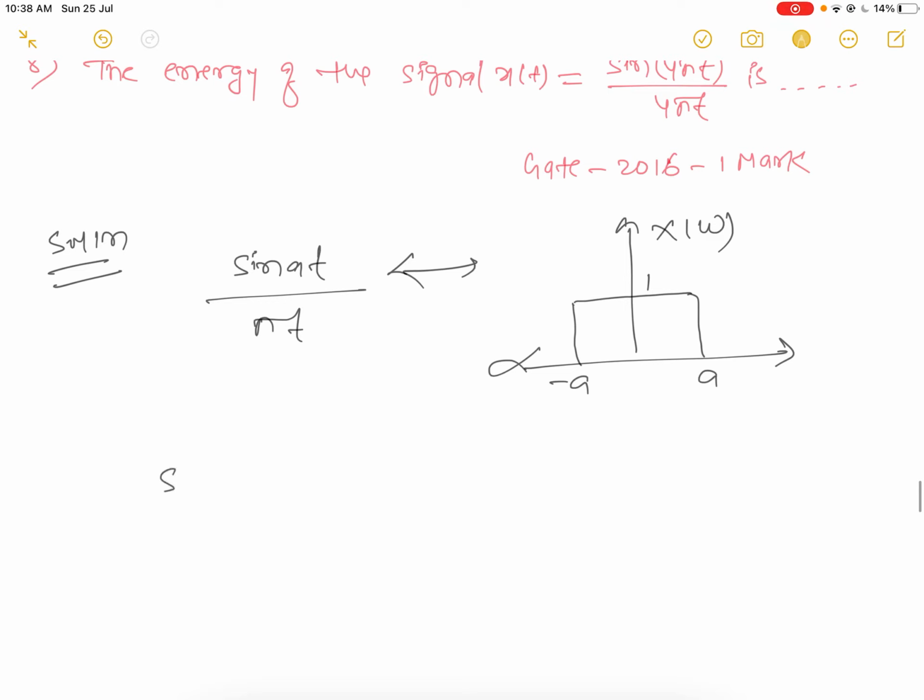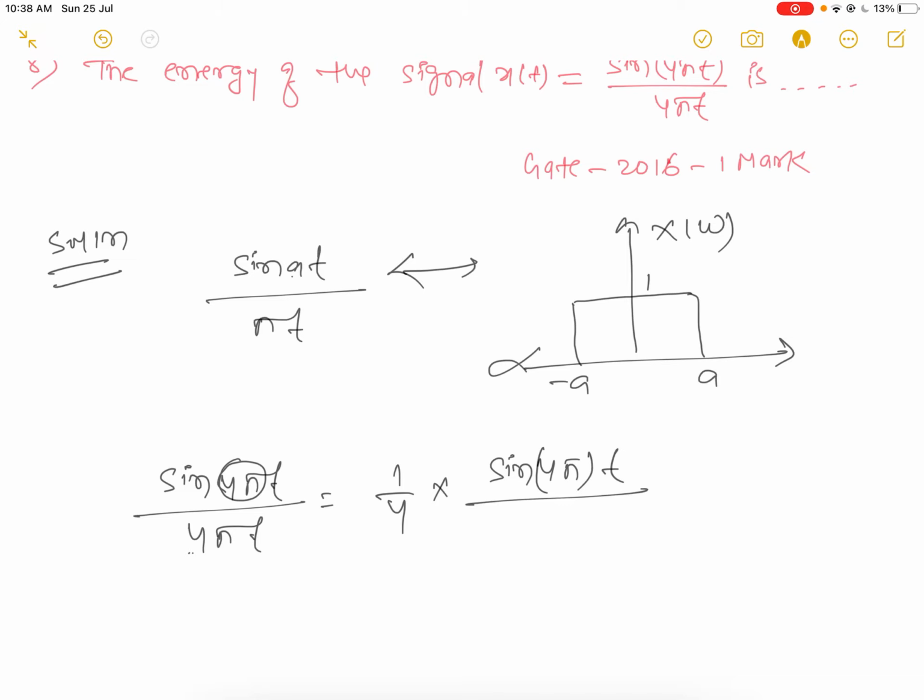Okay, so here it is given sine 4 pi t upon 4 pi t. So here in the place of a, it is given 4 pi. Remember, another 1 by 4 is multiplied. So 1 by 4 into sine 4 pi t upon pi t.